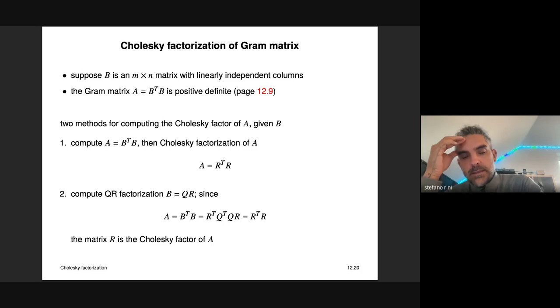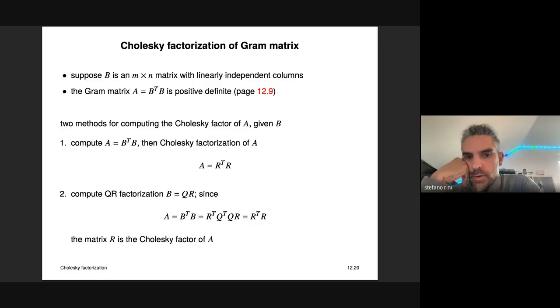Then what we can construct is the Gram matrix, which is B transpose B, which is positive definite. Depending on the relative values of M and N, we have to account for the fact that we could have some zero eigenvalues.